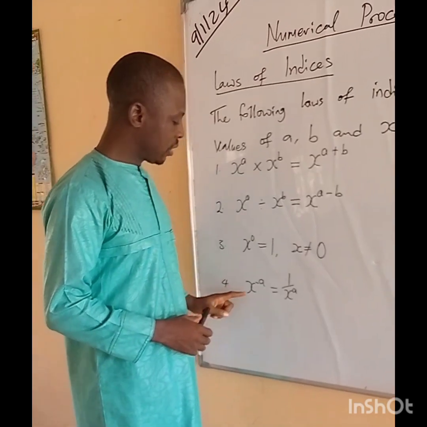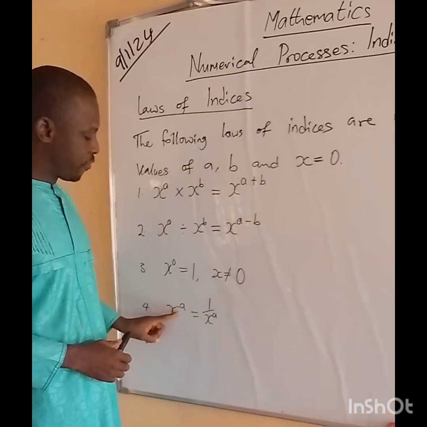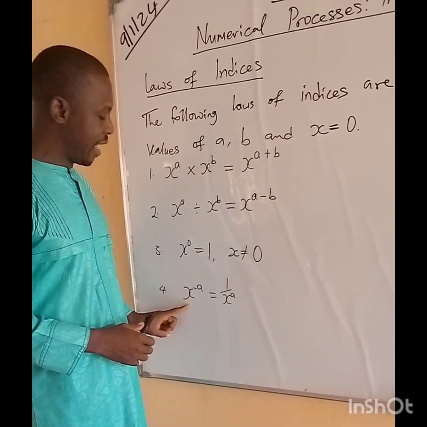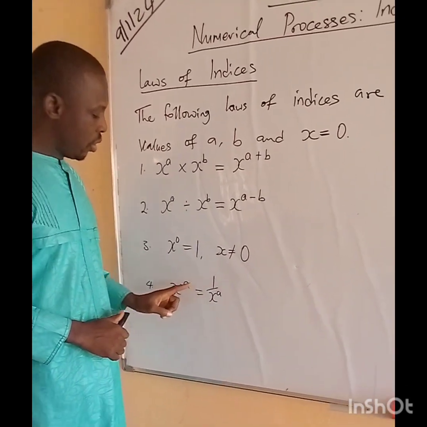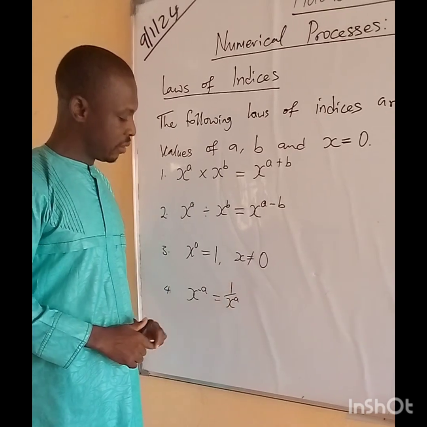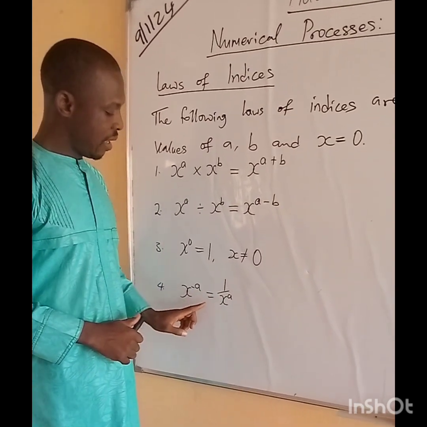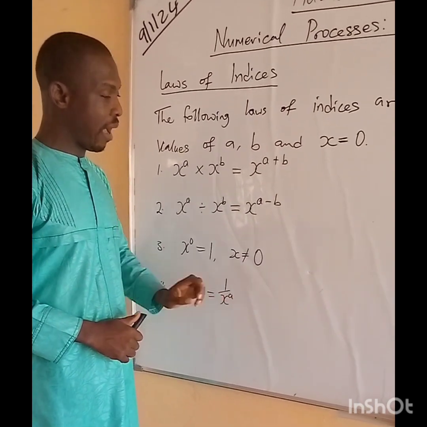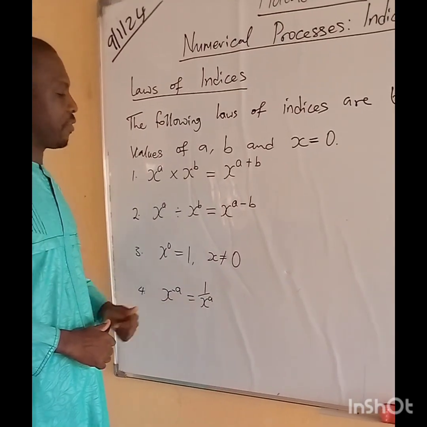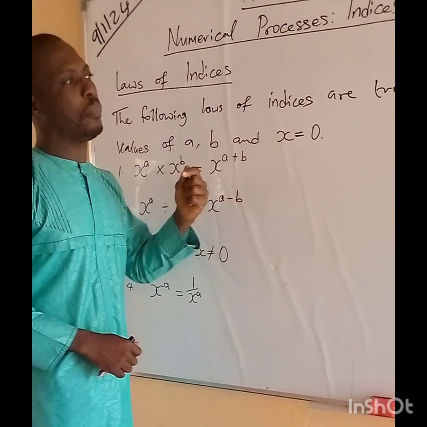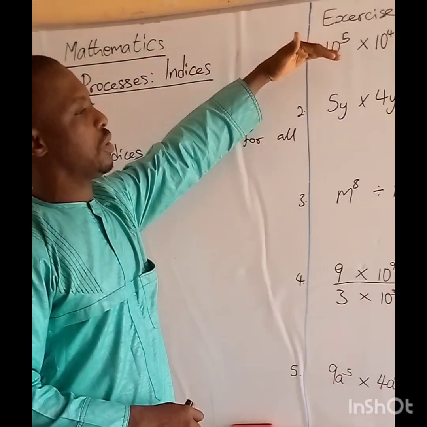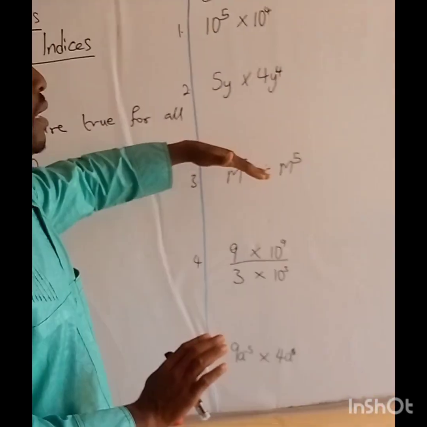Number 4 says if you have a negative power, for instance, x raised to power minus a, it is equal to 1 all over x raised to power a. So that's for the law. It is this law that will apply to every question here in the exercise.